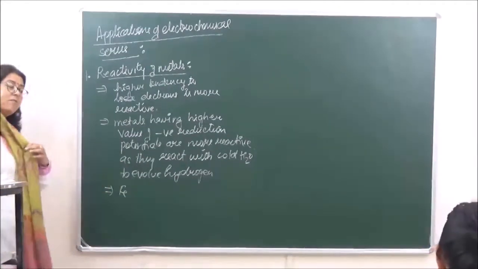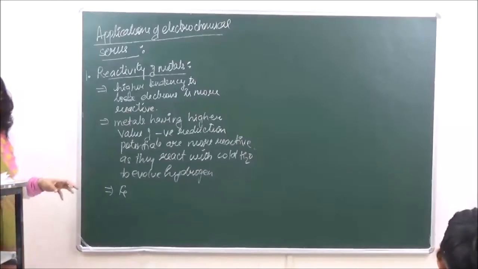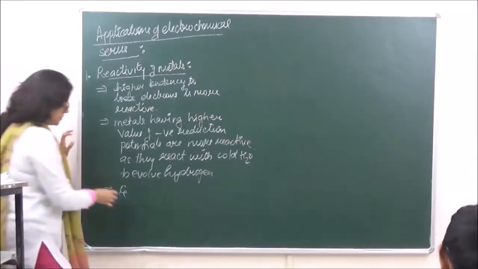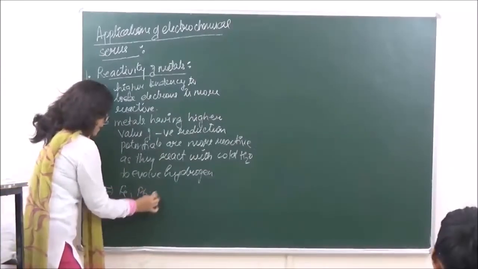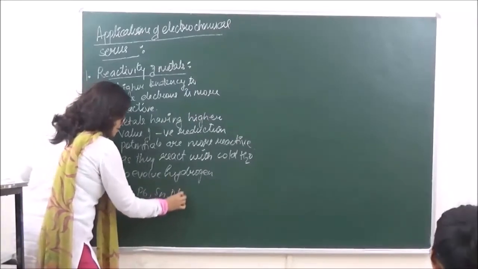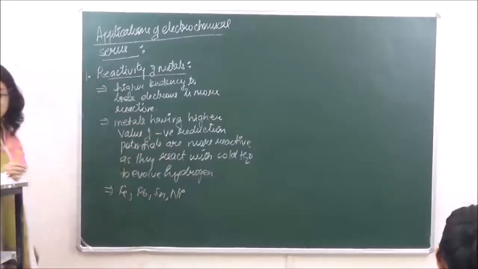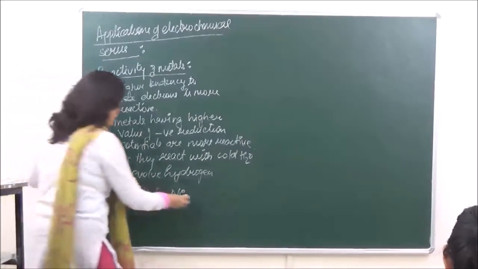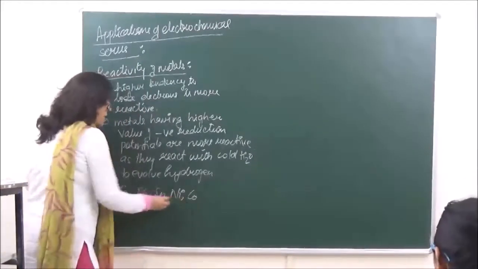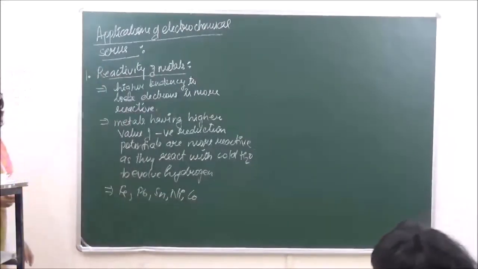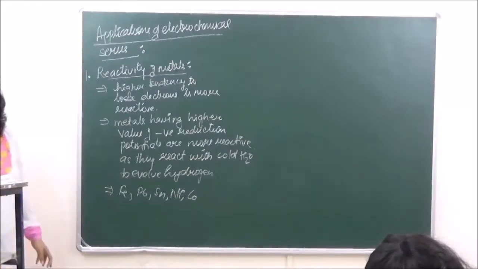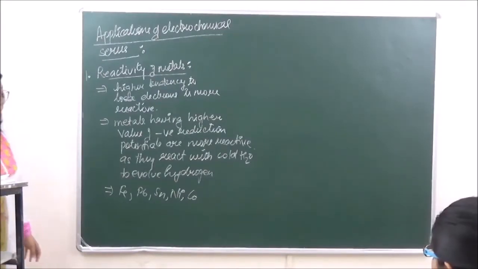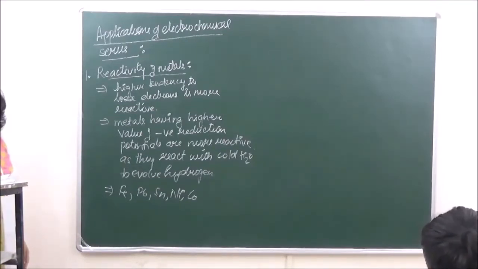Okay? Then metals like Fe, lead, tin, nickel, cobalt, all of these have less negative value of reduction potential. For example, iron has a reduction potential of minus 0.44, right?